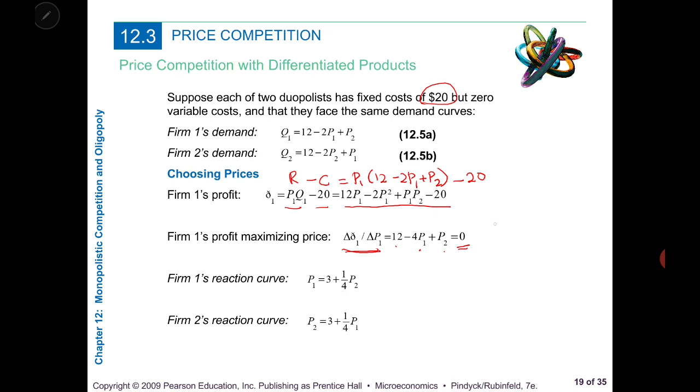So we solve for that, we get 4P1 equals 12 plus P2, P1 equals 3 plus 1/4 P2. And that's how we are able to obtain the reaction curve. Yeah? And you do the same, you will also get the reaction curve for firm 2.